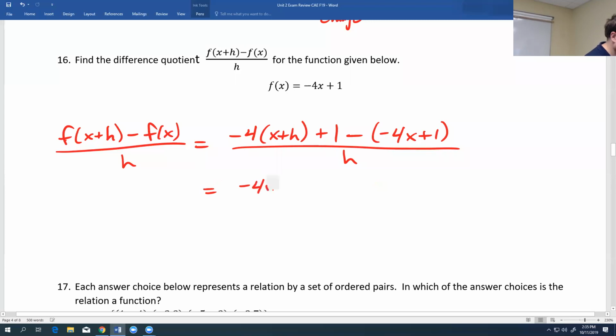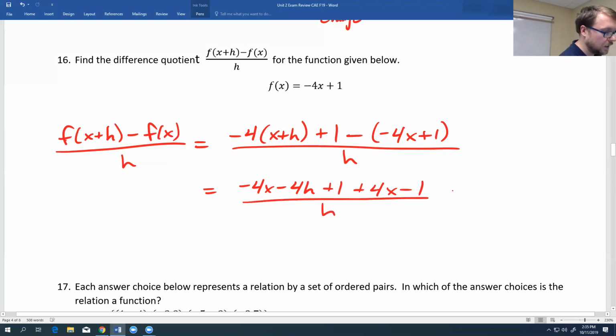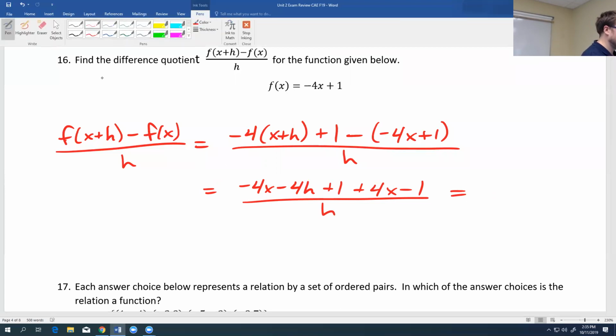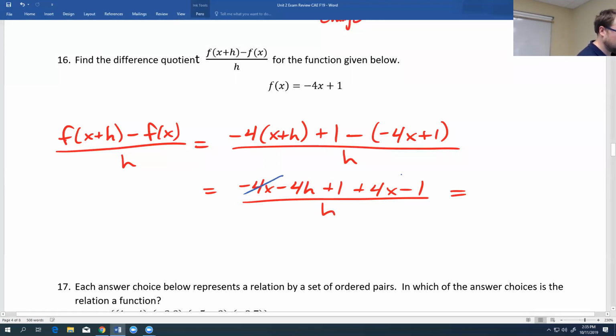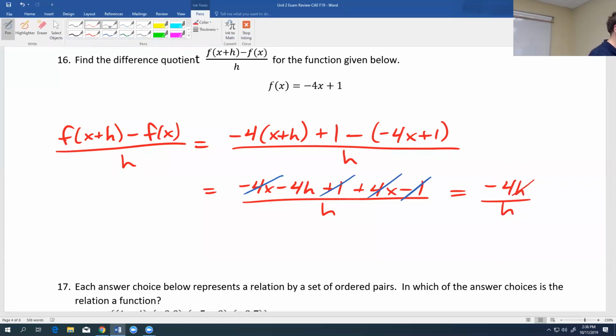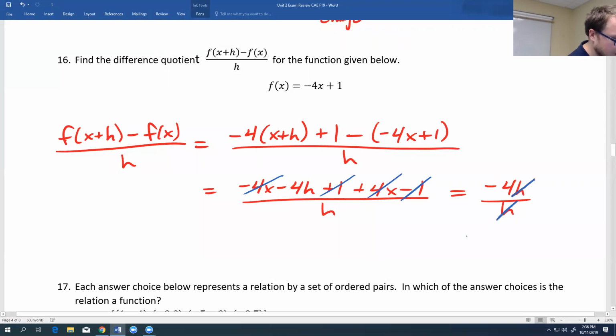So I get negative 4x minus 4h plus 1 plus 4x minus 1. And that's all over h. And you can see that these cancel and these cancel. So then I have negative 4h over h, and then the h's cancel, I'll let blue be my cancellation color, and I end up with negative 4.